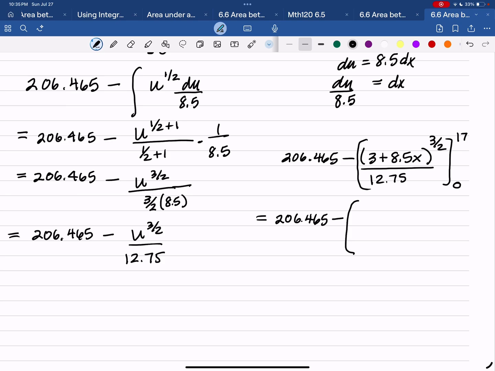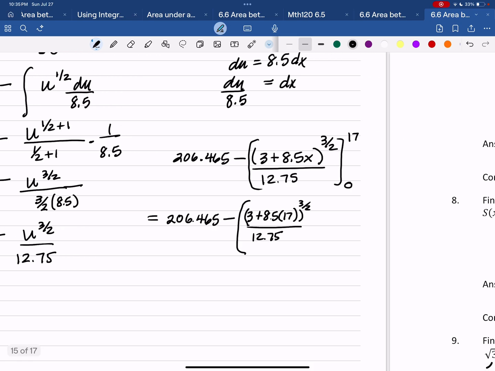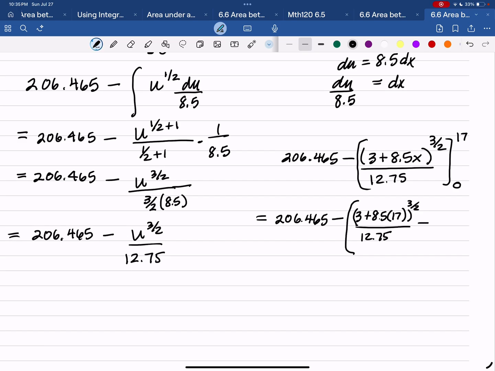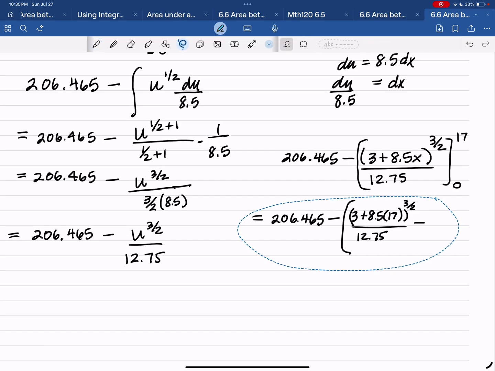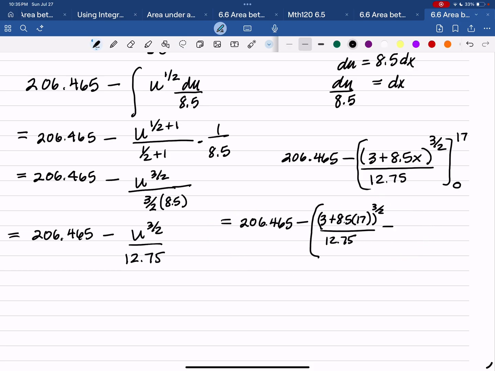I've got to put 17 in first, so 3 plus 8.5 times 17, all of that to the 3/2 divided by 12.75. And then I have to put a 0 in there. So minus 3 plus 8.5 times 0 to the 3/2 over 12.75.